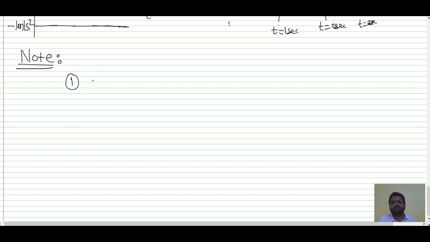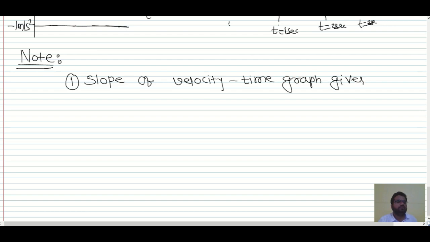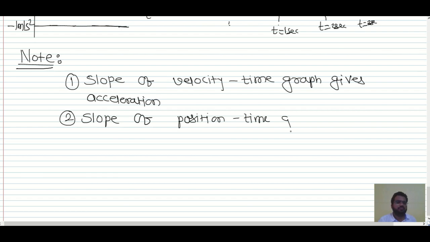First one, slope of velocity-time graph gives acceleration. Second, slope of position-time graph gives velocity.